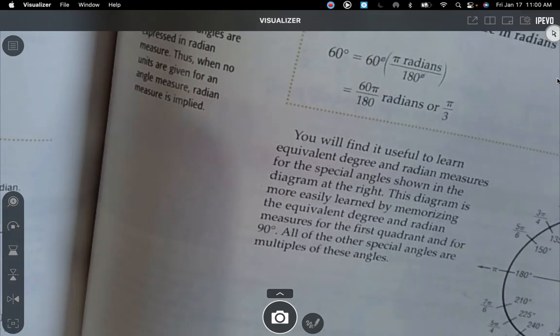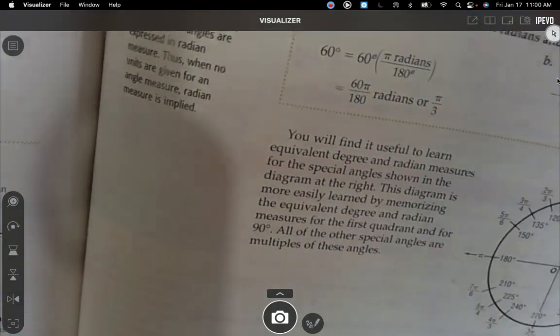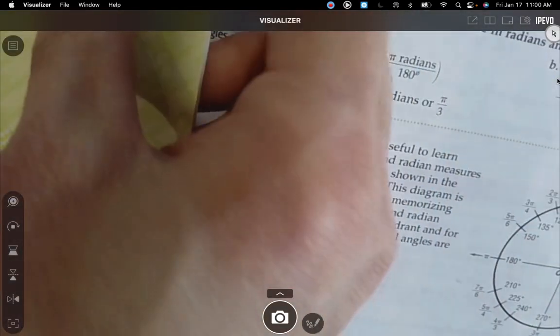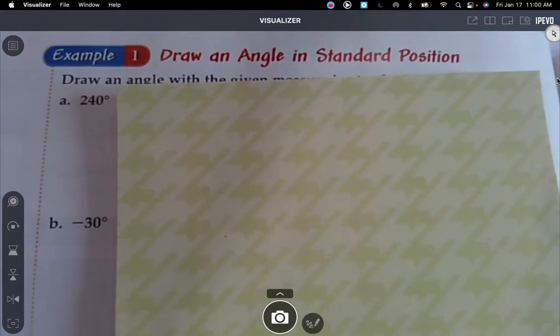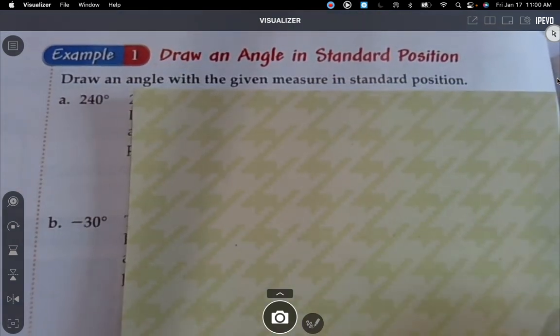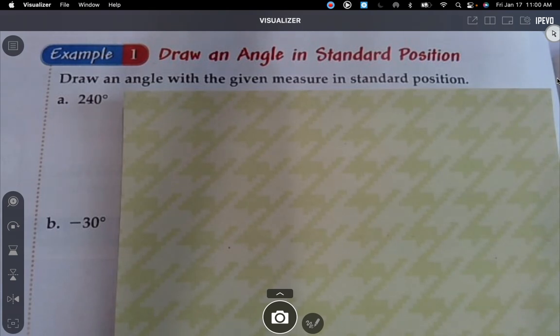Let's look at these. I'm going to cover this up. This one says, draw an angle with this measure in standard position. It's a positive 240 degrees. Before I move on, I'll give you your worksheet and a few to try, and then I'll do a few more.